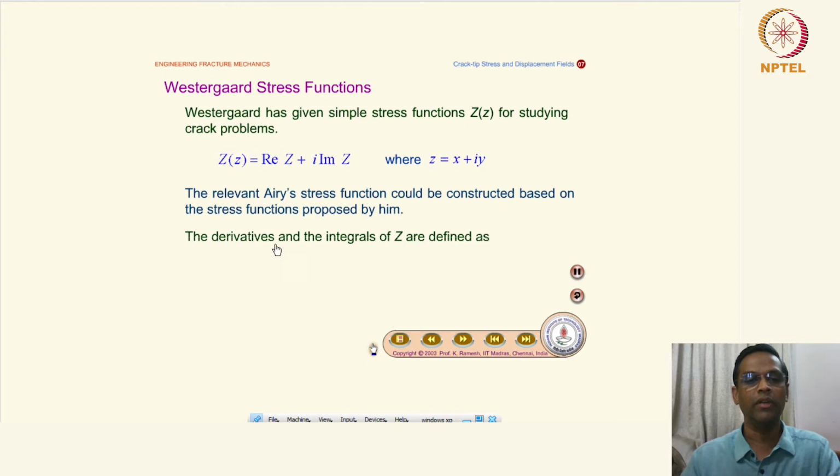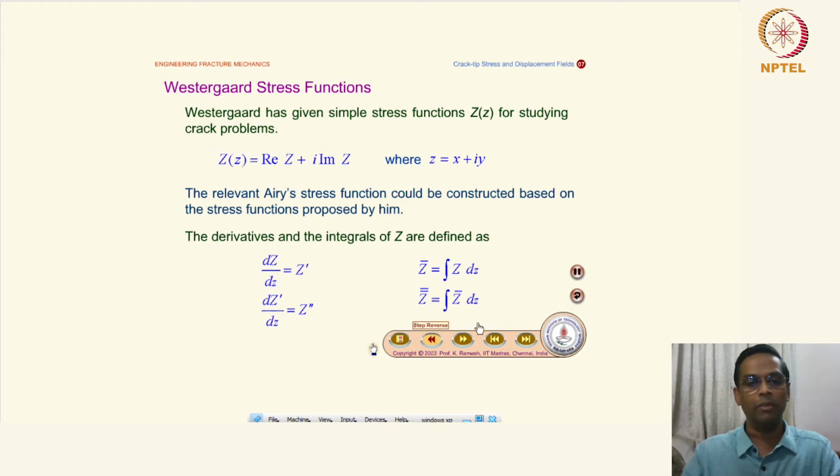So the derivatives and the integrals of Z are defined like this. dZ by dz is equal to Z prime, d capital Z prime divided by dz is equal to Z double prime, and Z bar is equal to the integral of Z dz, and Z double bar is equal to the integral of Z bar dz.